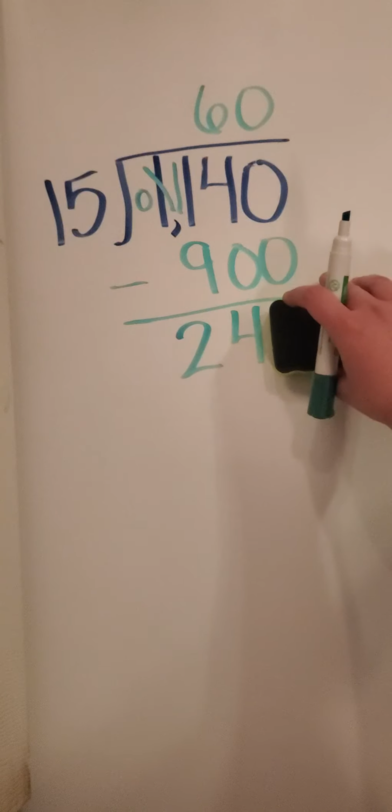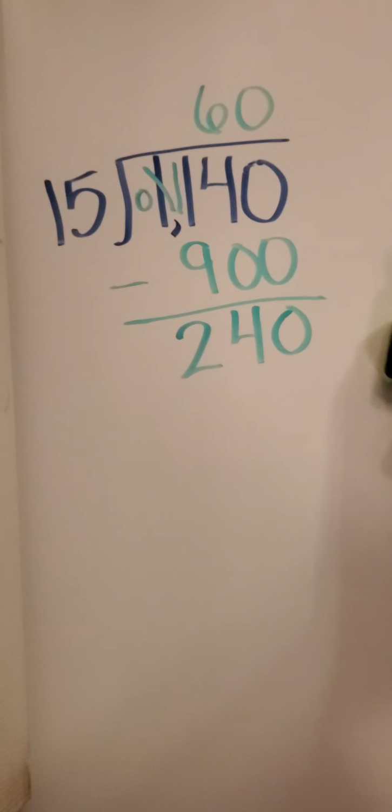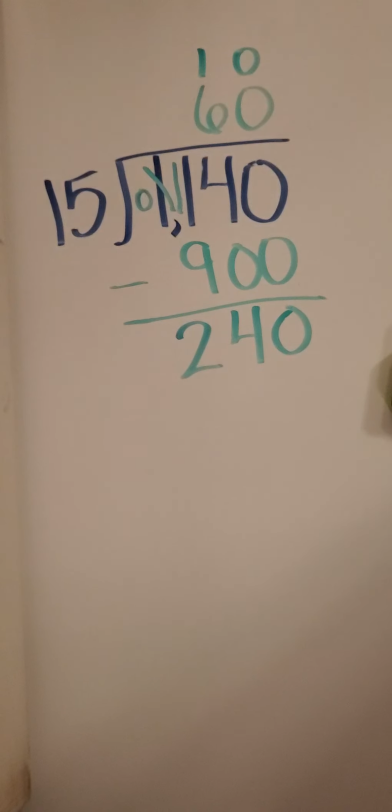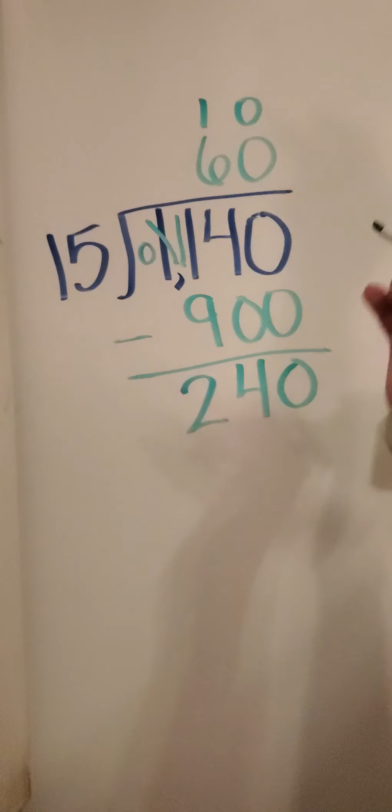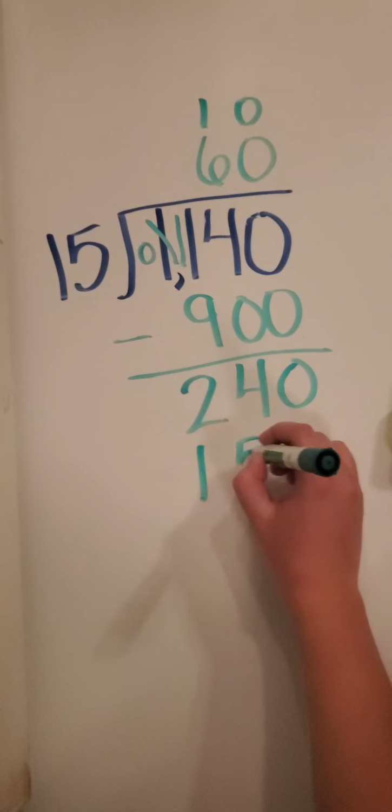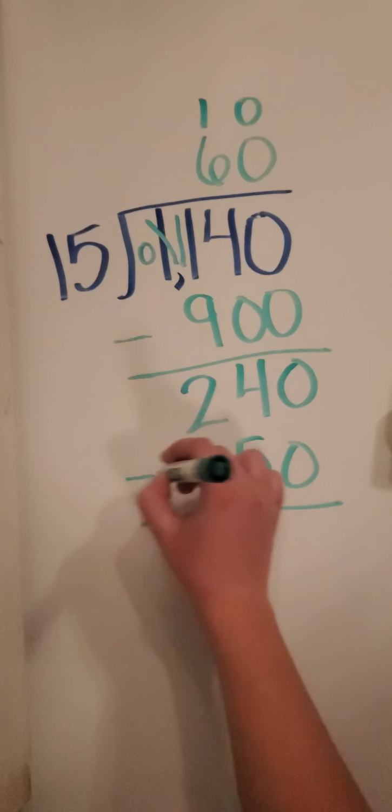And I'm covering up one place value. So that 1 is actually going to be a 10. All right, now 15 times 10 is 150. So I'm going to subtract.